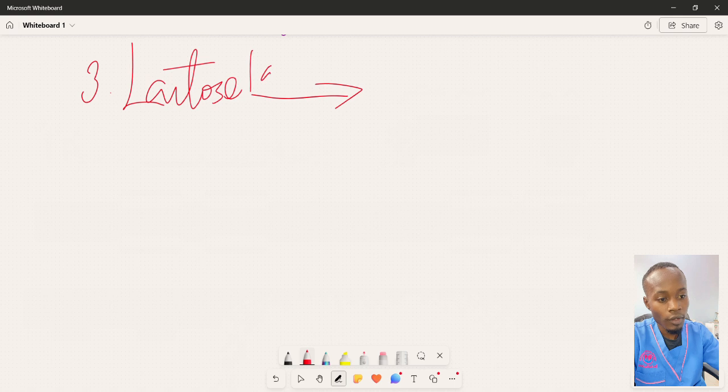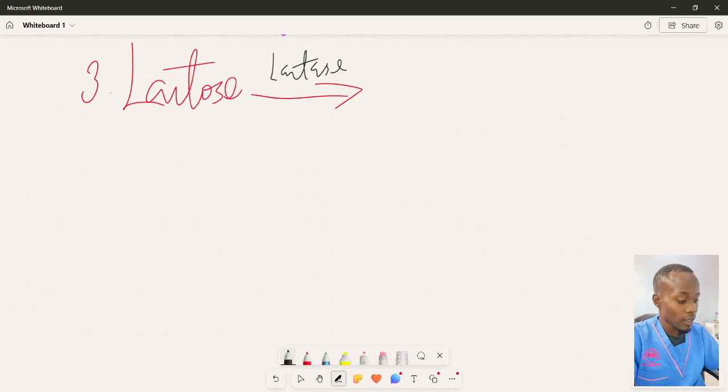enzyme known as lactase, to break down lactose into individual sugars. So just as I did to those other ones, nothing different.